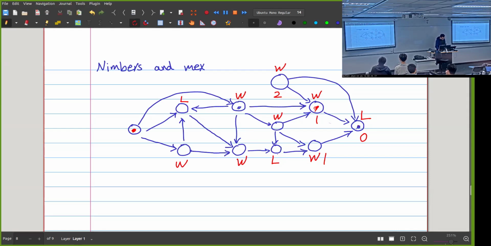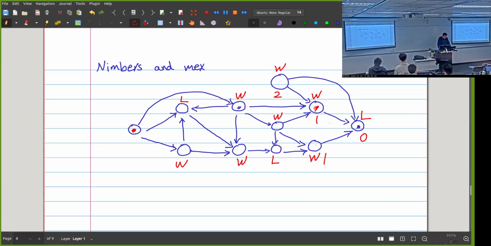So let's look at this vertex. This vertex only has an edge to something with a number of 1. So what is the number that I should assign to this vertex? In the game of NIM, I don't have any numbers that can only be converted to 1, because any number that can be converted to 1 can also be converted to 0 in one step, right?